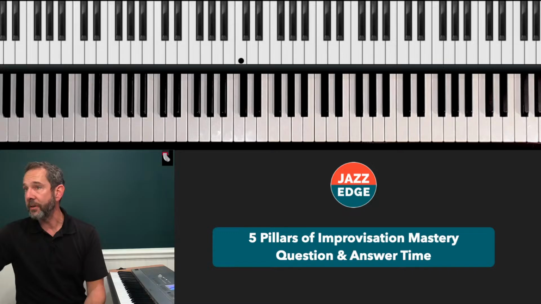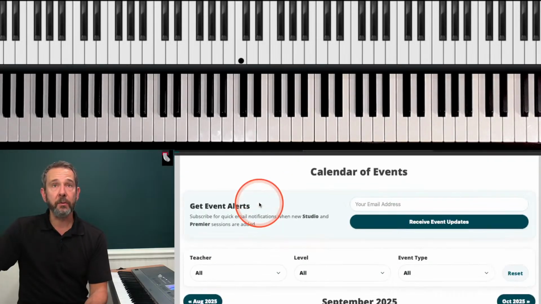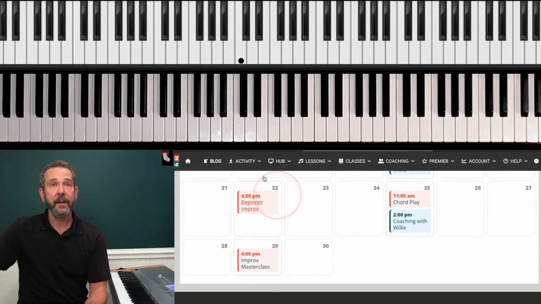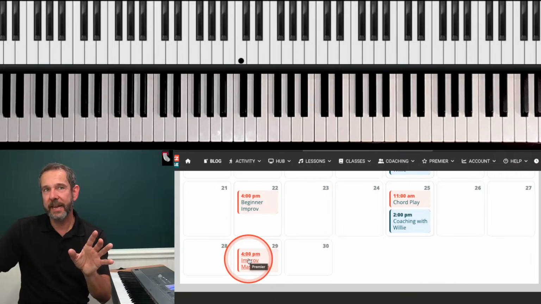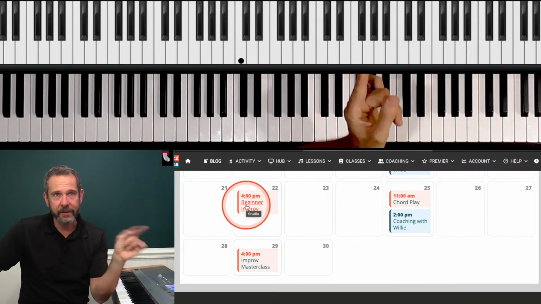Let me just show you this. So when you go to the event calendar, okay, let me just pull up the event calendar, you will see right here the beginner improv and then the Improv Masterclass. I'm probably going to change those names. You can see the little roll over there. It says Premiere, and if you see the little roll over there, it says Studio.